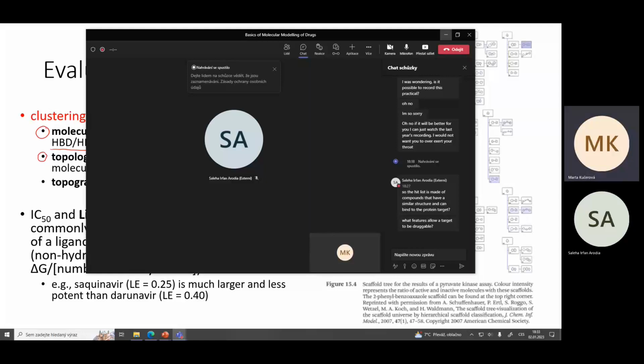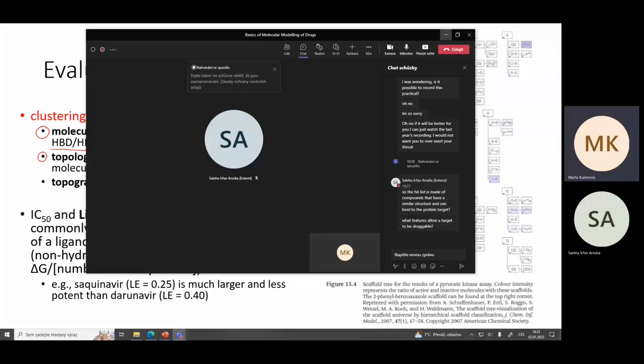So I'm checking the question now. What features allow a target to be druggable? So usually it might be the size of the protein and especially the binding site. It is suitable that the binding site is like a cavity, not on the surface, but inside the protein.